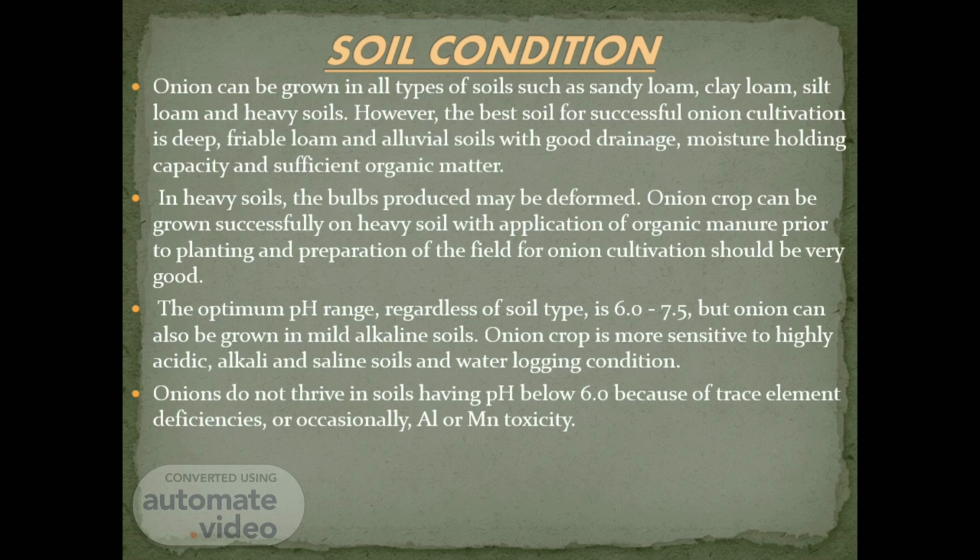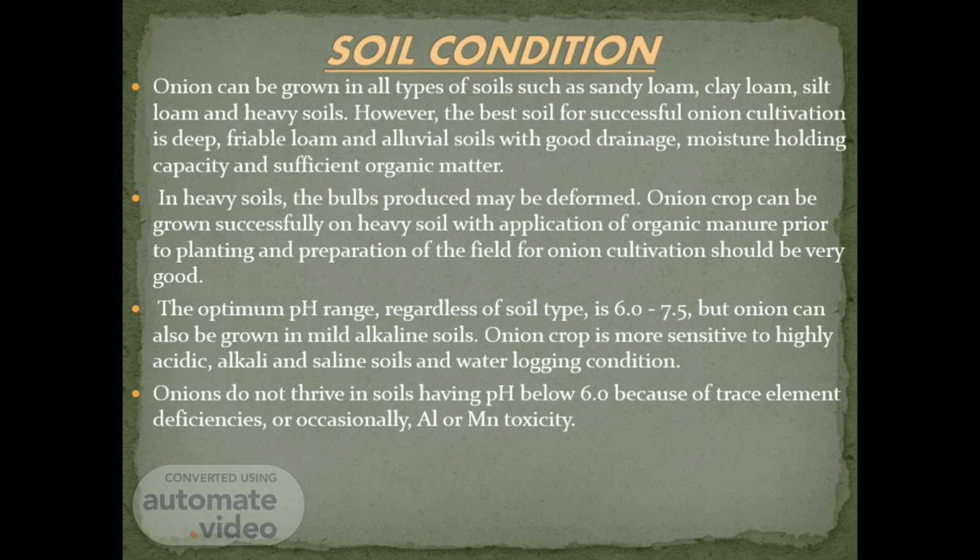Onion crop can be grown successfully on heavy soil with application of organic manure prior to planting, and preparation of the field for onion cultivation should be very good. The optimum pH range regardless of soil type is 6 to 7.5, but onion can also be grown in mild alkaline soils.